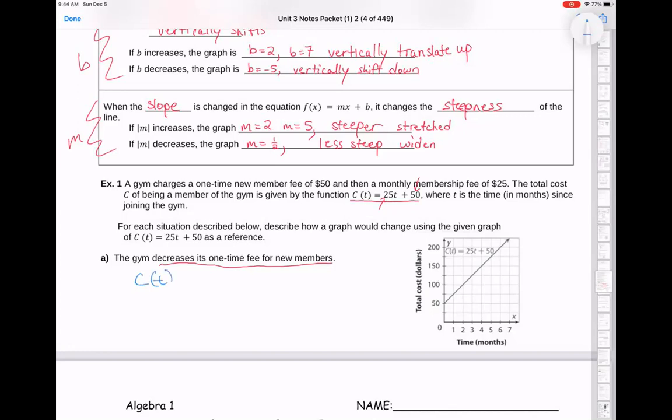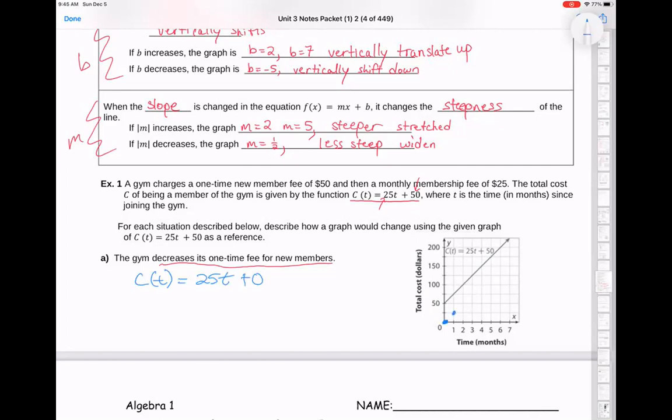Well, our function then, C of T, is they're still charging $25 every single month, right? But instead of $50 as that starting value, maybe it's now $0. Okay. And if we go ahead and graph this, what we should expect to see is that y-intercept 0. And then that slope is still rising and running at the same rate, though.